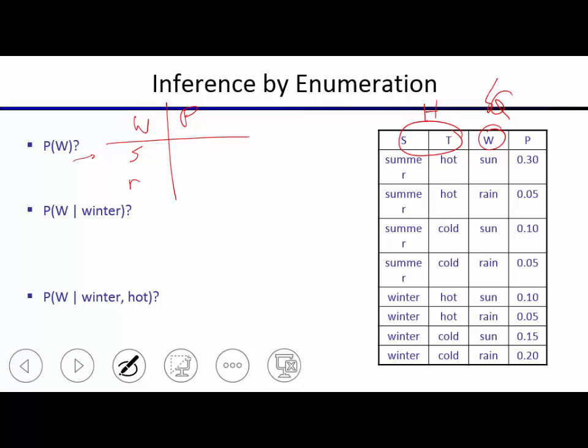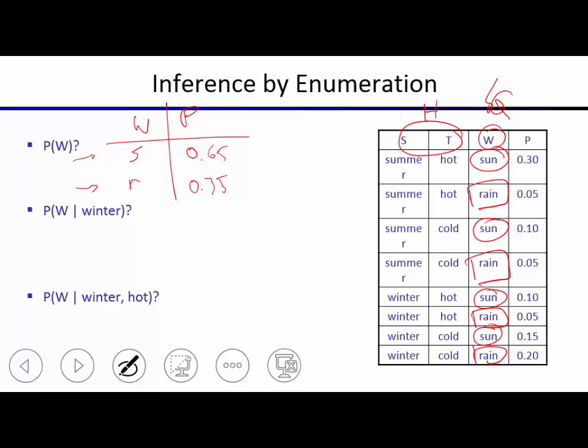So we have sun, sun, sun, sun, and that sums up to 0.65. And then we do the same thing for rain. Rain is here, here, here, here. We sum up those entries, which is 0.25, 0.3, 0.35. Then we normalize. In this case, it's already normalized, it already sums to 1, so the normalization doesn't do anything. And we have the answer to our query.